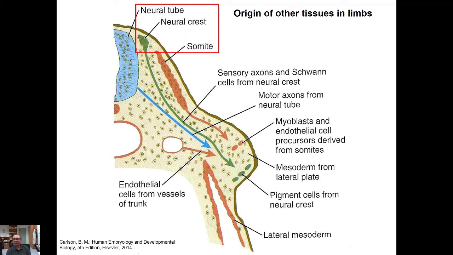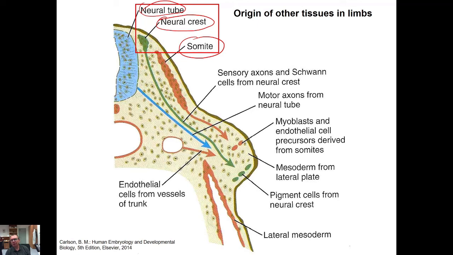So some other sources, some other origins of tissue play a role in the formation of extremities. Muscles are of course from somites, from paraxial mesoderm. Nothing else is possible. Motor nerves are axons of neurons from the neural tube, but sensitive nerves are axons of neurons from the neural crest, because they go from the sensitive ganglia.